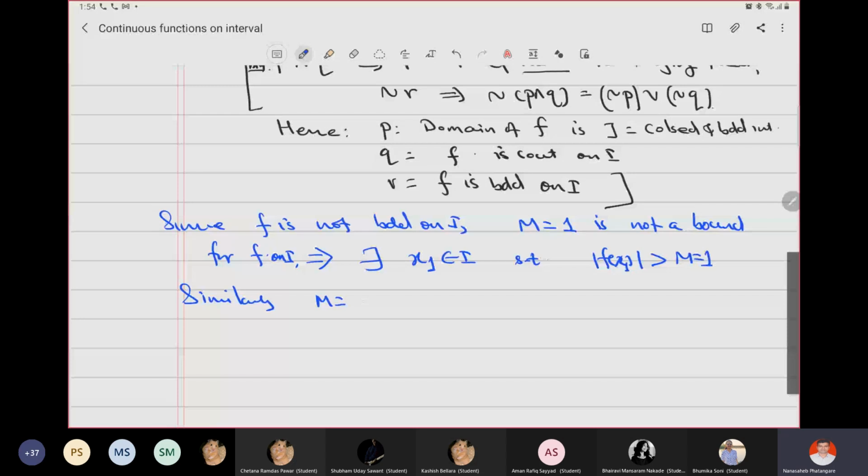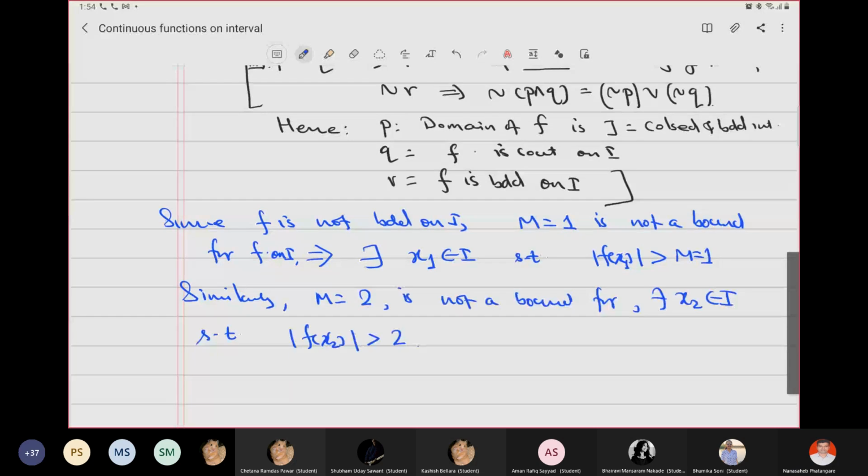Is M equal to 3 a bound? No. M equal to 4 is not a bound. M equal to 5 is not a bound. M equal to 100 is not a bound. So whatever M equal to, suppose I take 3, I can produce x3, right?